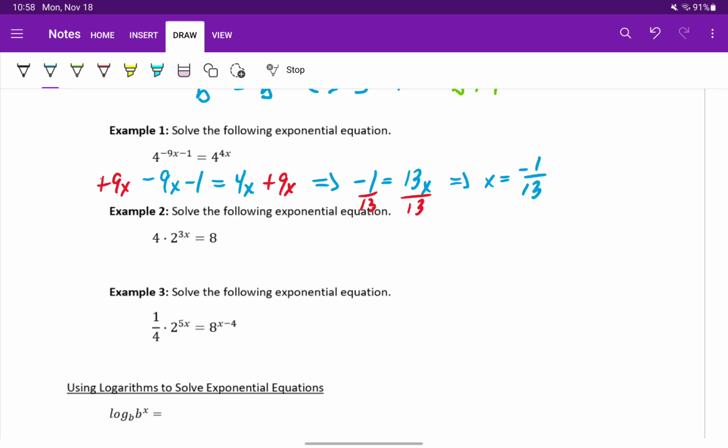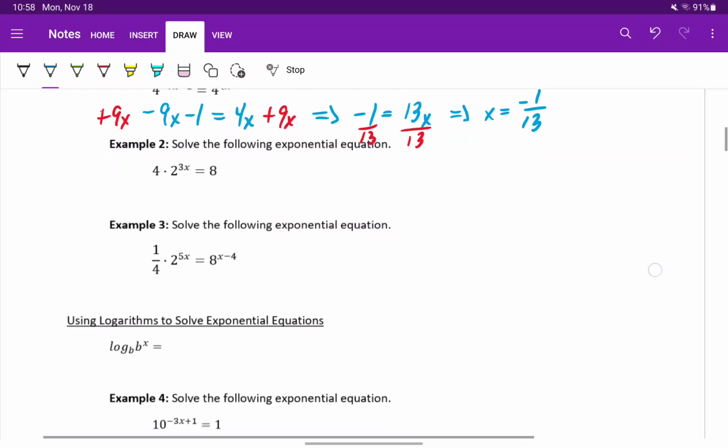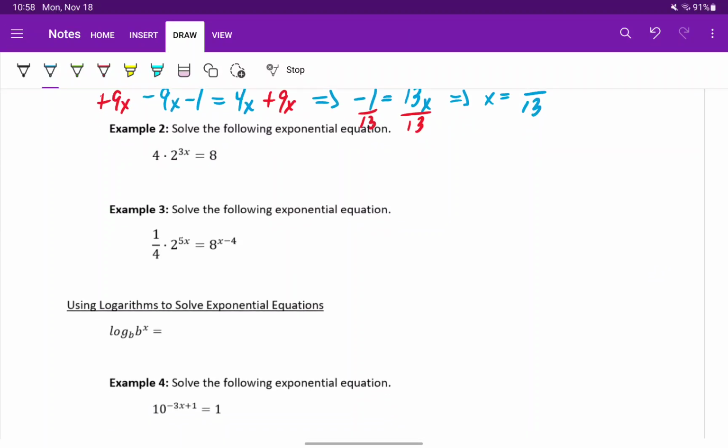Since the bases were the same, the exponents have to be equal in order for the two expressions to be equal, so we set those equal to each other and solved. Sometimes our expressions aren't written exactly in that format, but we can look at manipulating them a little bit to try to get them in that format.